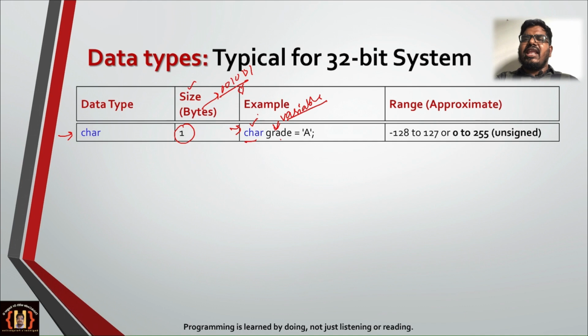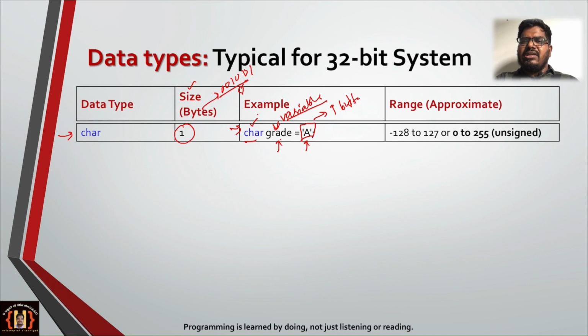So grade is a character type, which means I can store only a character here. Usually characters are enclosed within single quotes, for example the character 'A'. Each character is represented by only 1 byte. That's the meaning of it.